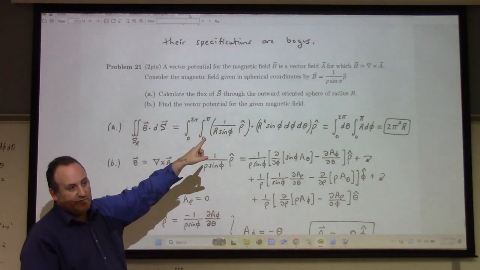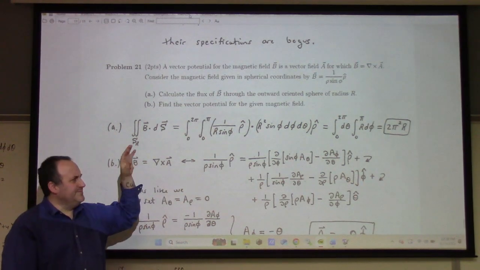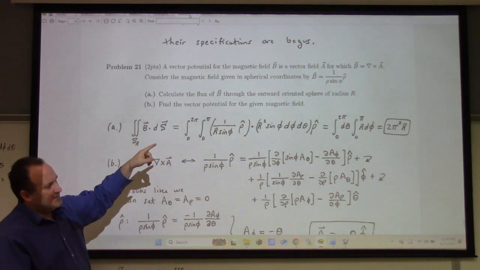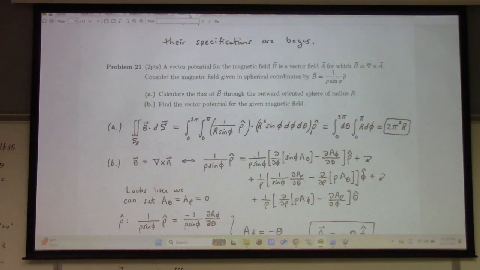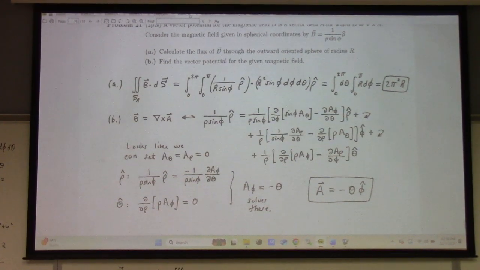It's non-zero. It's actually 1 over rho squared, I forget exactly, but the divergence is non-zero. You can see that from the spherical formula for the divergence. So this is not true. It's actually impossible. This is a lie. So at the moment, in terms of positive examples, we just have the magnetic monopole example I worked in class, right?